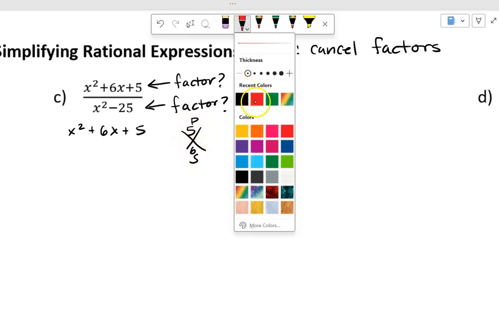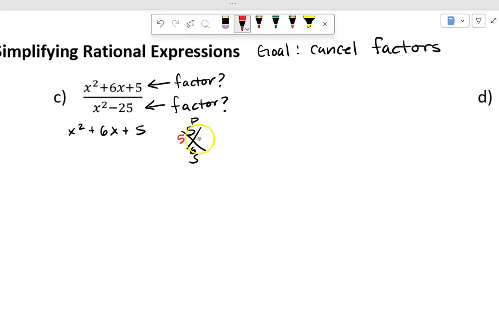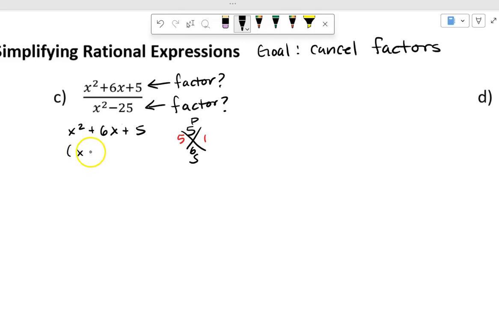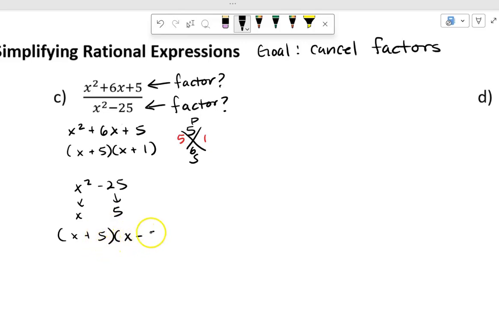The numbers for that are going to be 5 and 1. This ends up being x plus 5, x plus 1. X squared minus 25 can also be factored using a difference of squares. One gets a plus, one gets a minus, and x and 5 go in both.